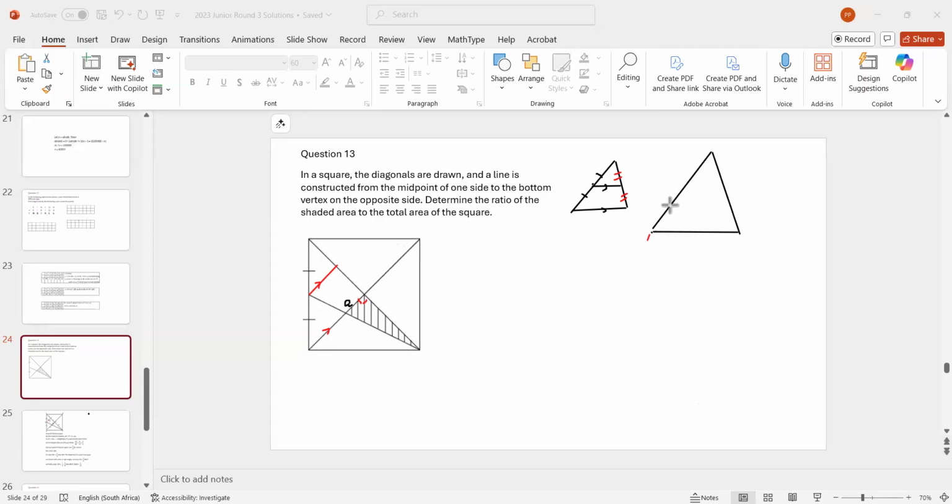If I don't take the midpoint, if I take like that, then the theorem says that the ratio of this part to this part is the same as the ratio of this part to this part. Right? In other words, those two fractions are the same.